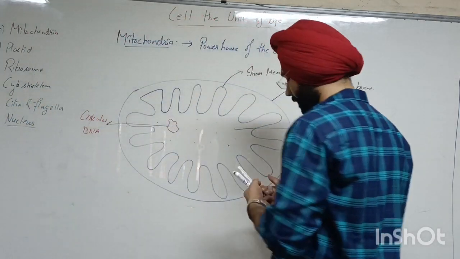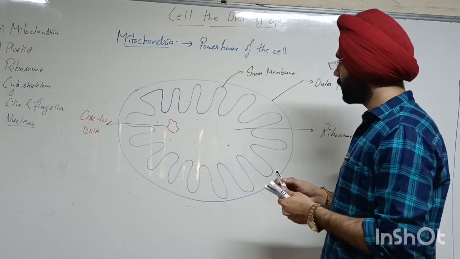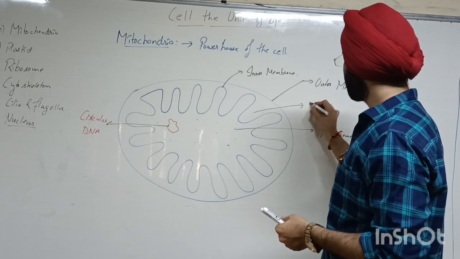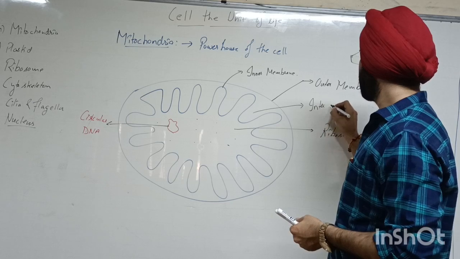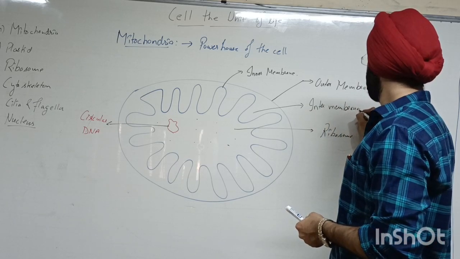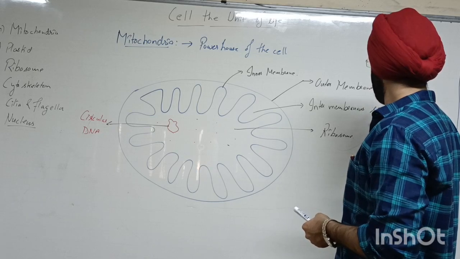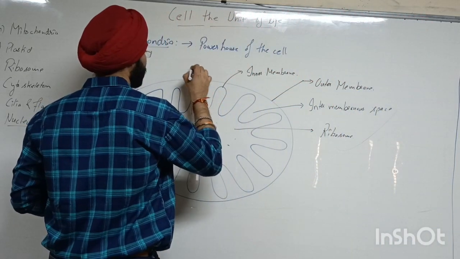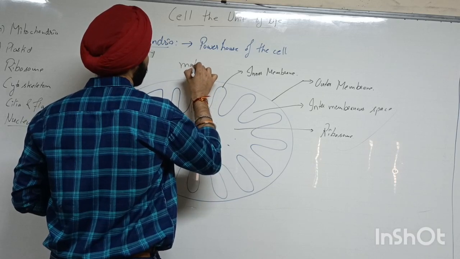Again, this space is called intermembranous space. And this thing is called matrix.